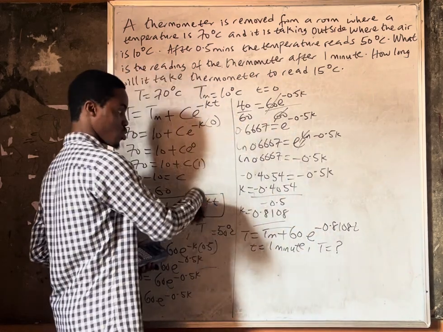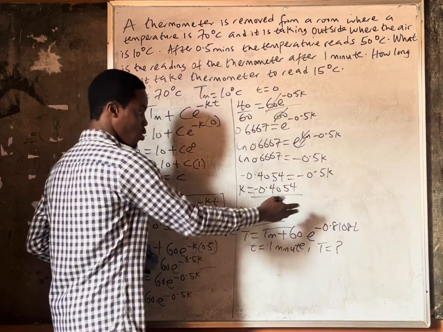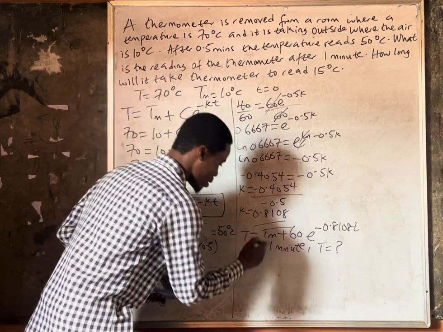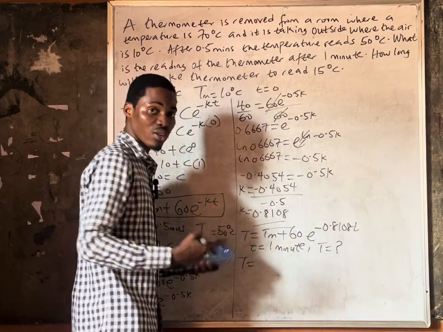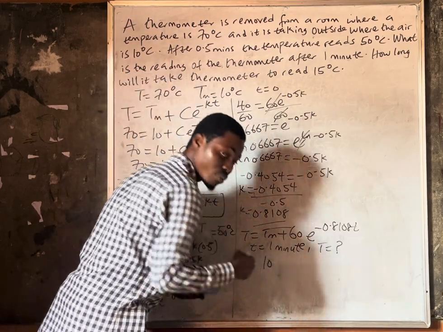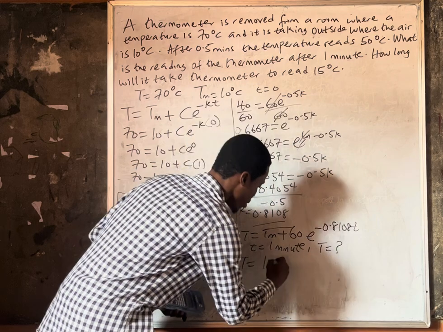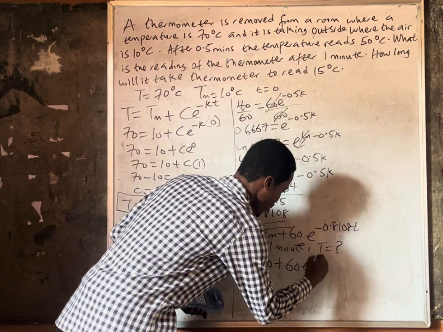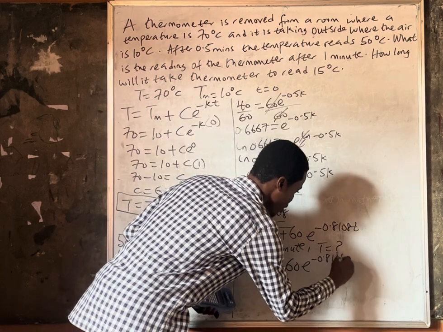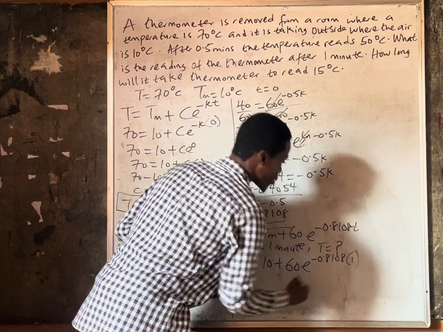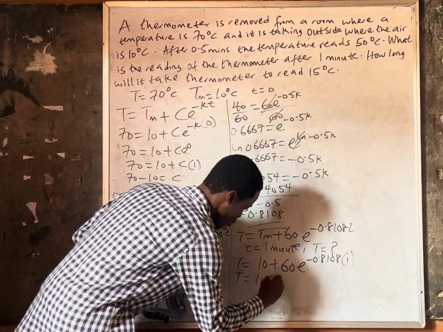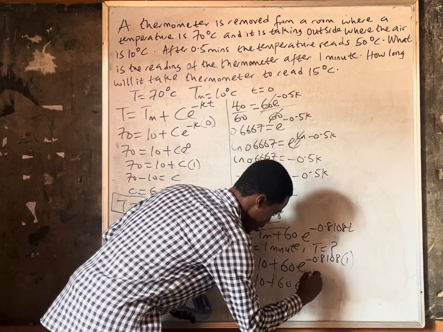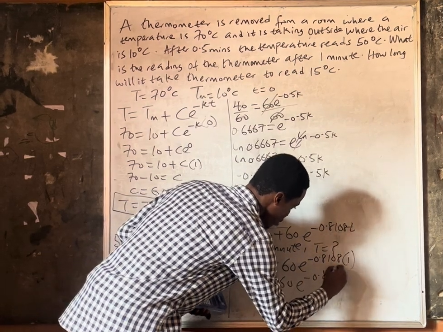So you can say this one is equation 1, equation 2, equation 3. Our tm is the temperature of the surrounding. We just have to put 10, because we are given 10 degrees Celsius already. Plus 60 exponential minus 0.8108, and our t is 1. So we get t is equal to 10 plus 60 exponential minus 0.8108.